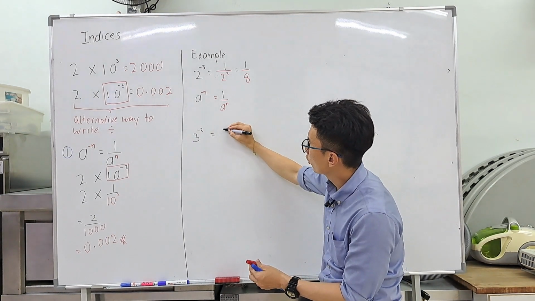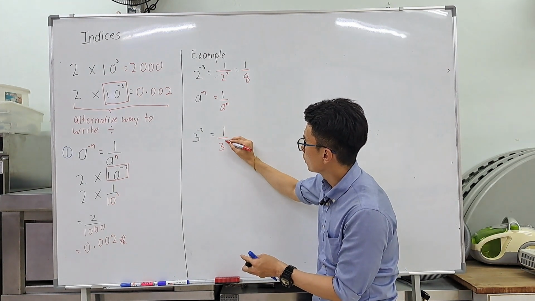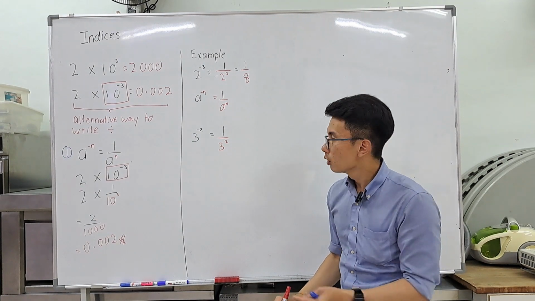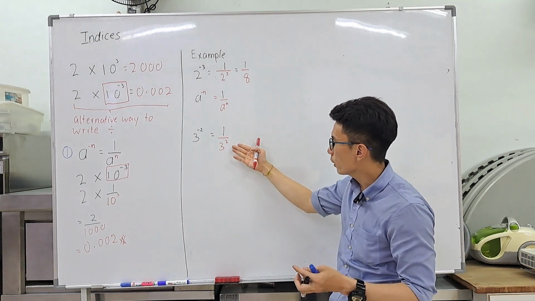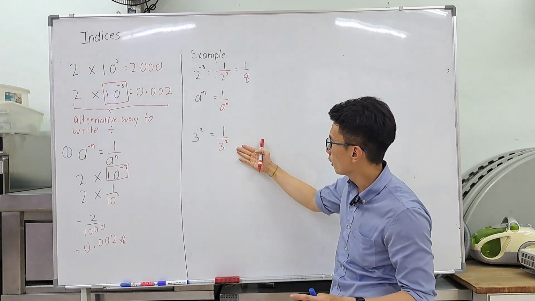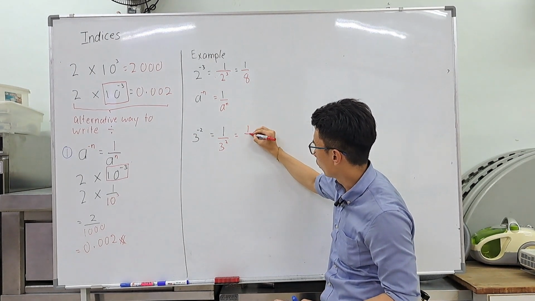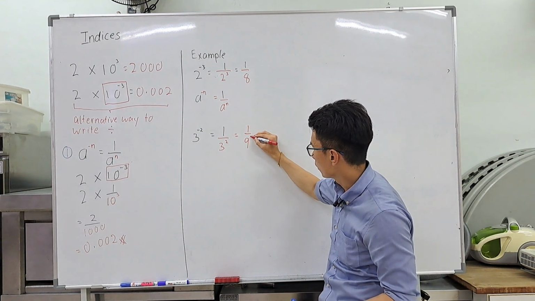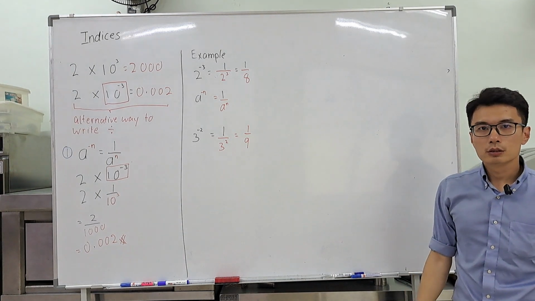So I should get 1 over 3 squared, just applying the first formula only. And then we can still expand this, so I should get 1 over 9. That is my answer.